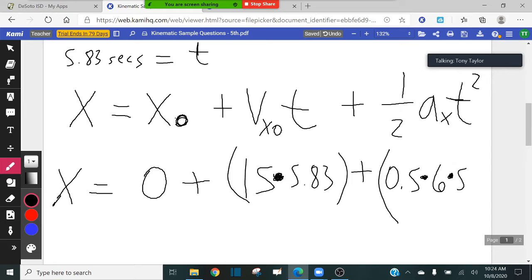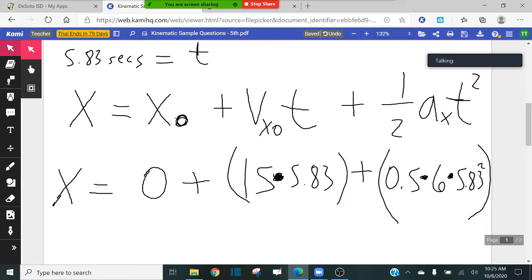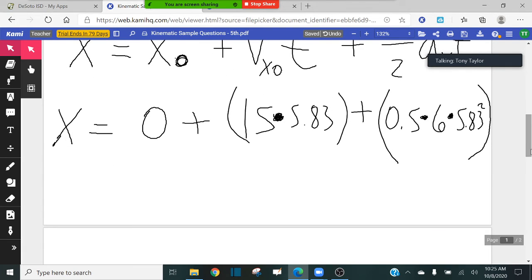So I'm going to put 5.83, and I'm going to square that. Time must get squared. And I'm going to put all that in parentheses. Okay. So now that we plugged everything into our equation, we're just ready to solve this out. I'll just go ahead and calculate this. So 15 times 5.83.